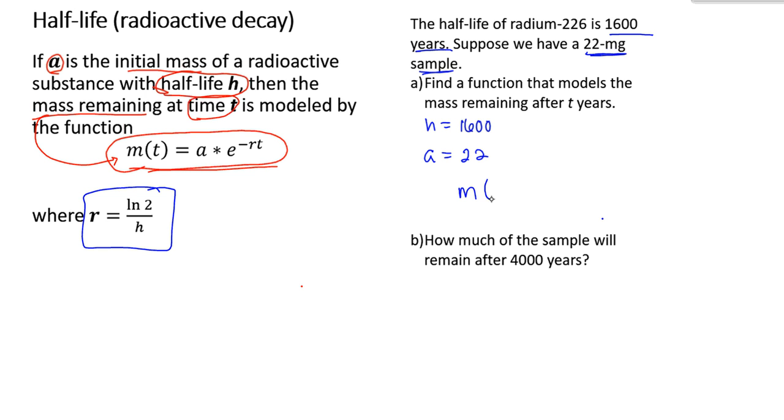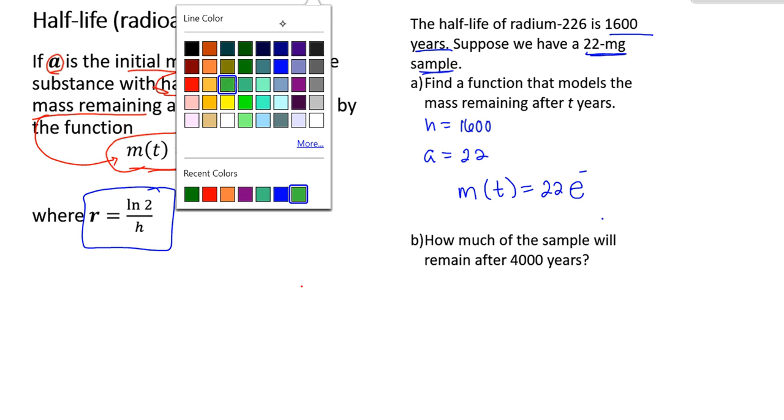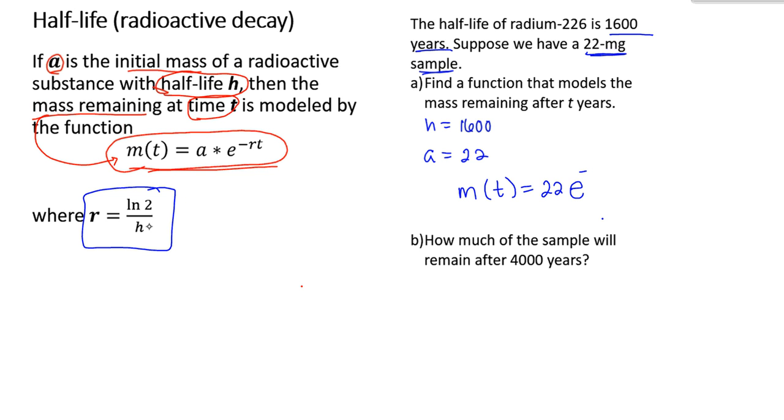So our mass after t years equals, I've got my A, 22, times e to the negative. Now I don't have r because I've got to calculate r. R is going to equal the ln.